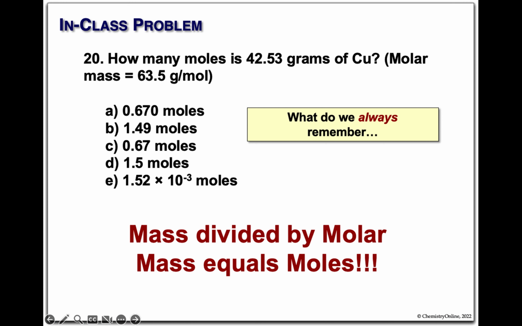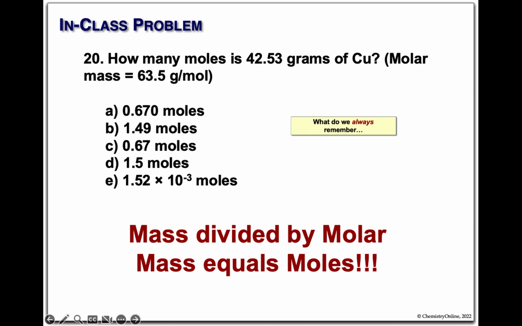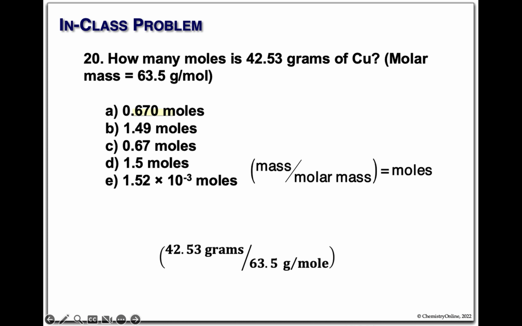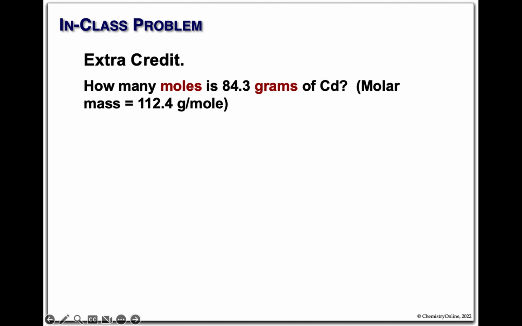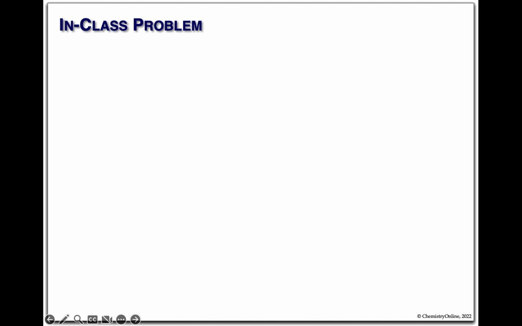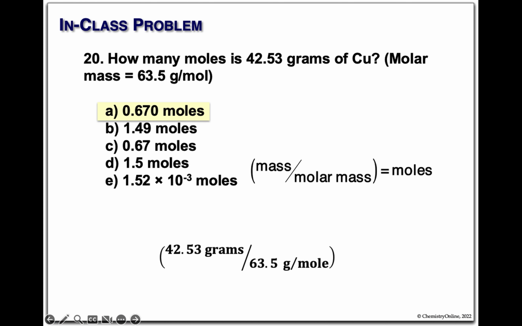Simply divide them. Oops. 0.67 moles. Remember, 0.67 is different than 0.670. We are dealing with 4 significant figures here and 3 here. So we need 3 in our answer.